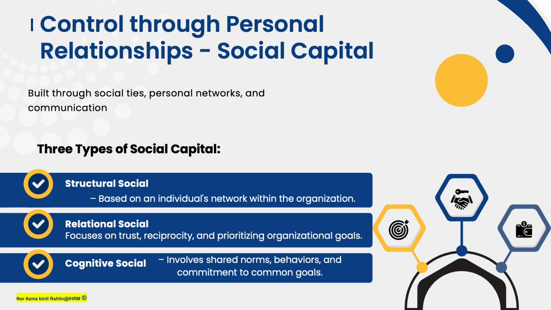We continue learning objective number 5 on control through personal relations, also called social capital, built through social ties, personal networks, and communication. Basically, social capital can be divided into three types. Structural social capital refers to the individual network within the organization. The second part is relational social capital, which focuses on trust, reciprocity, and prioritizing organizational goals.